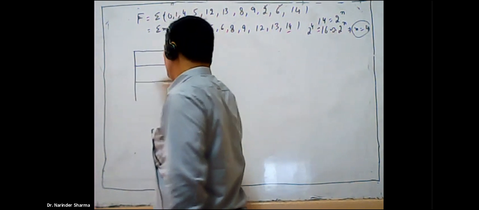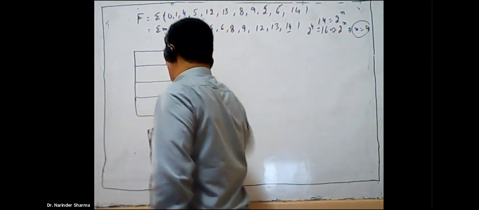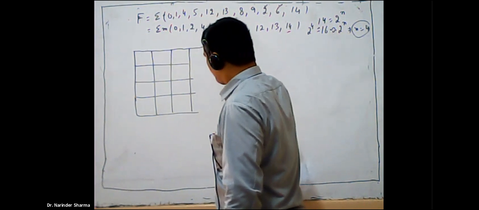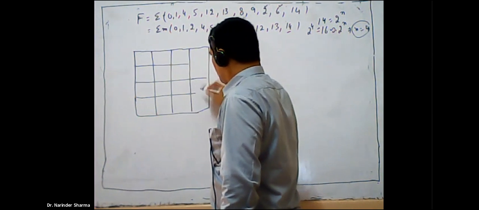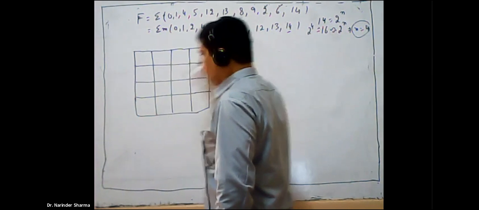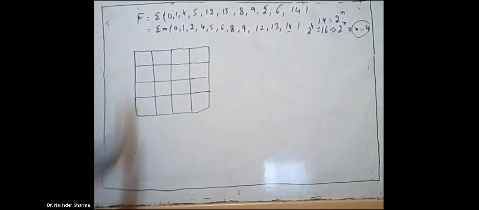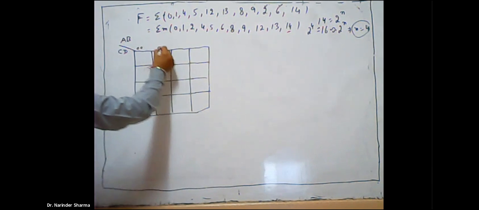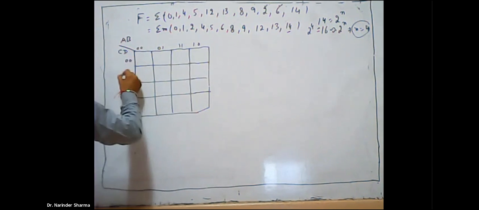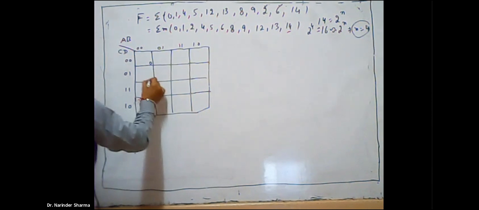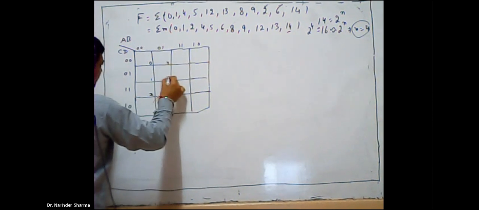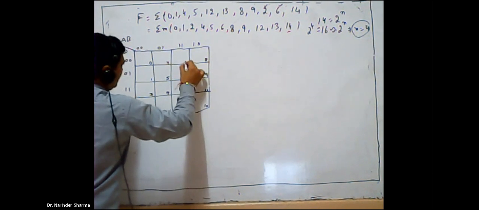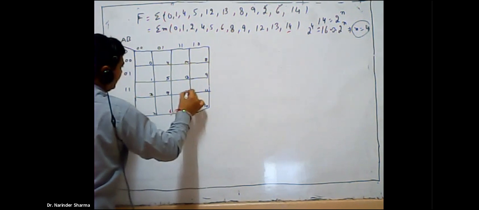You have to draw the 4 variable K-map. Further, you have to write the variables as A, B, C, D. This should be 0, 0, 0, 1, 1, 1, 1, 0, and the cells numbered 0, 1, 2, 3, 4, 5, 6, 7, 8, 9, 10, 11, 12, 13, 14, 15.